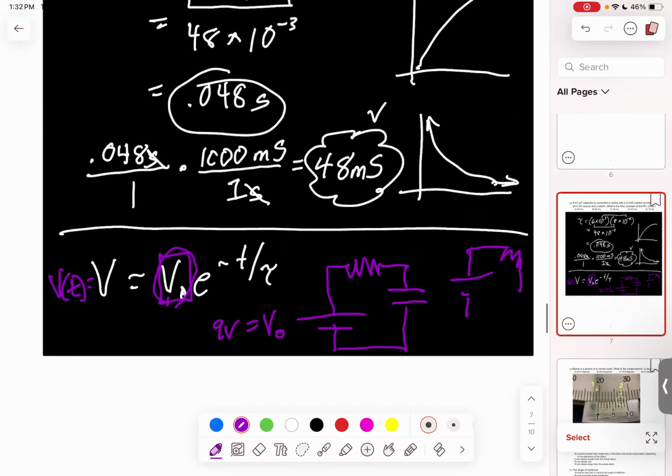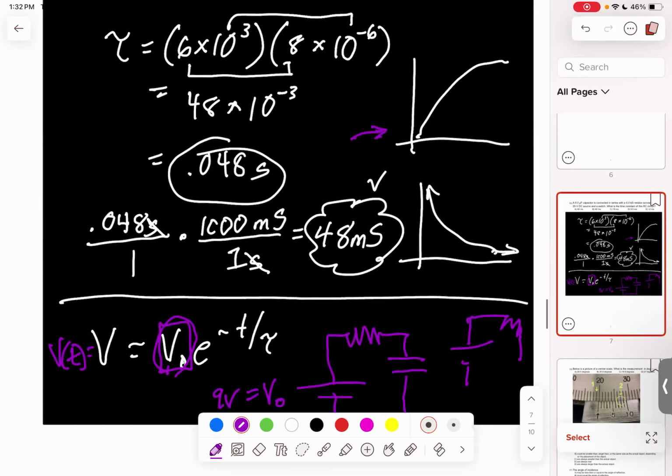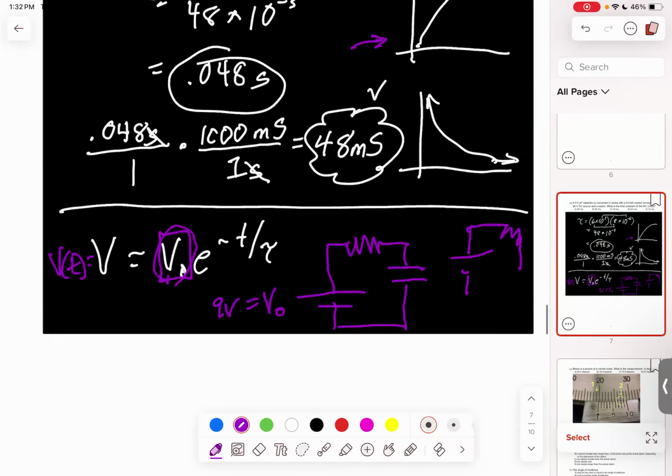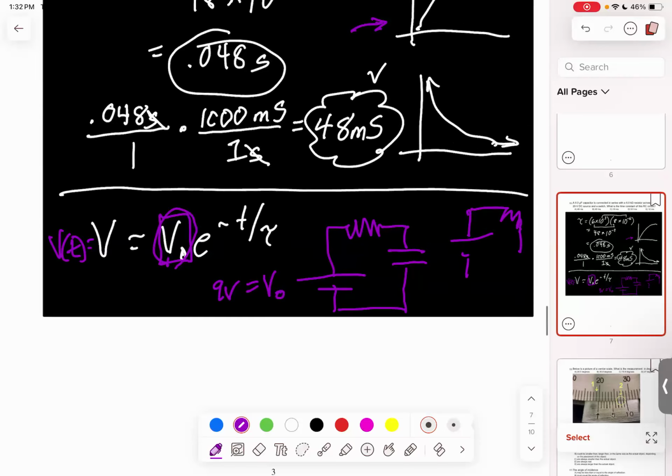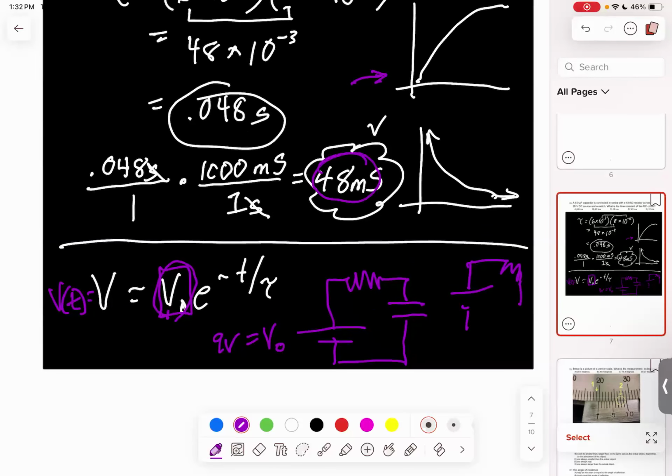It's going to look something like this one up here, sort of exponential in shape. And after 1 tau, in this case the tau value is 48 milliseconds, so pretty rapidly, after 48 milliseconds it's going to be at 63% of your max voltage.